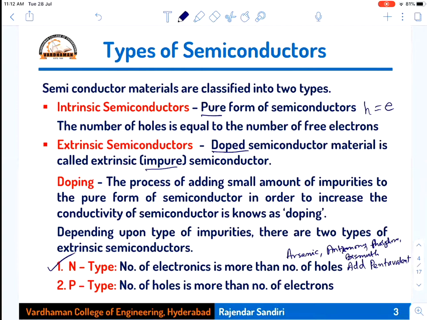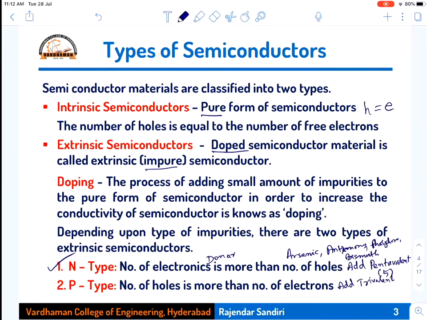Pentavalent means how many electrons? 5 electrons in its valence shell. These are also called donors or donor impurities. Whereas if you want a P-type semiconductor material, then you have to add trivalent impurities.